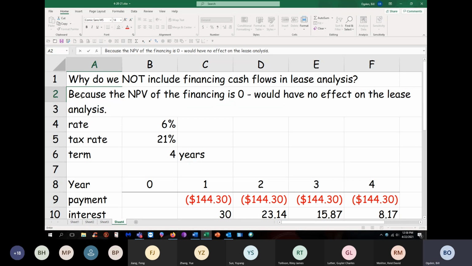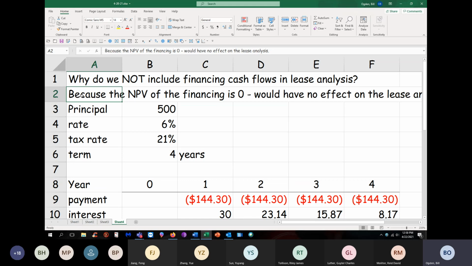Oh, so why do we not include for the lessor financing cash flows? Well, it's because the NPV of the lease is 0. All right, now I'm saying that, will it always be 0? Will financing NPVs always be 0? Well, no.